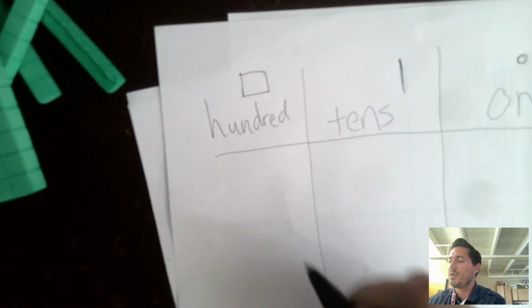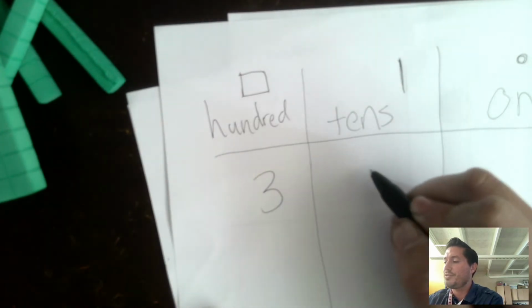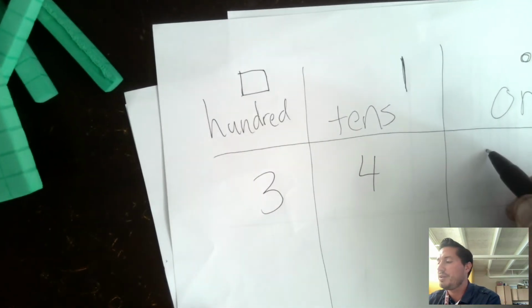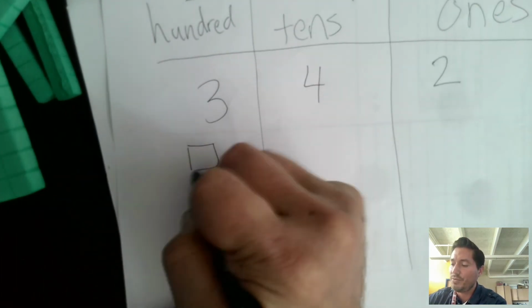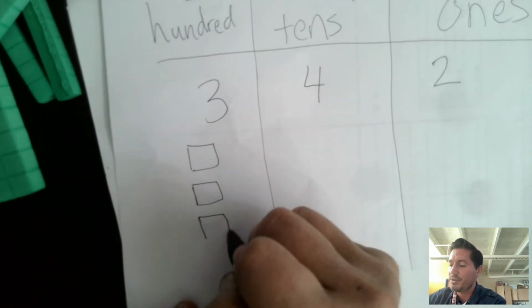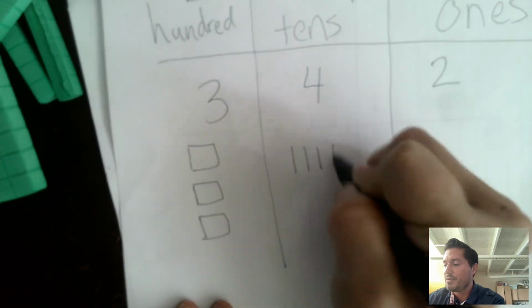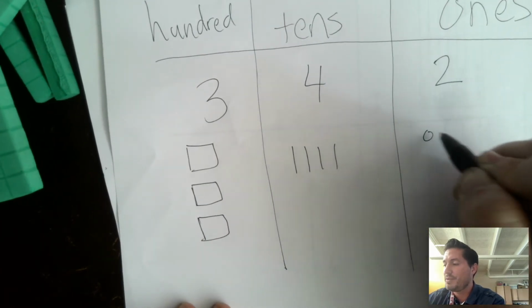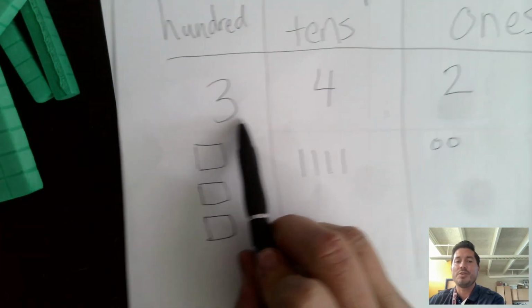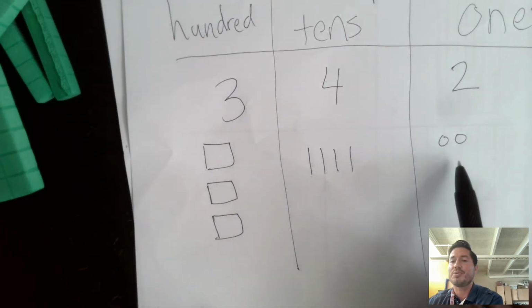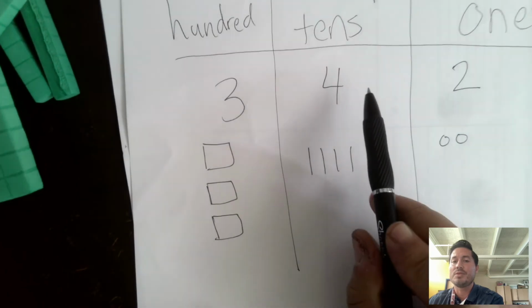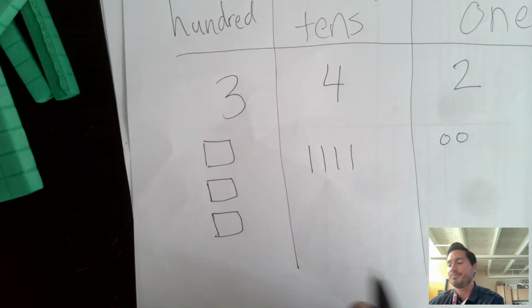So if I wanted to make 342, I can draw 100, 200, 300, 42. So they should know this way, it's called standard, and they should know the picture way as well. So this is standard form, picture form.